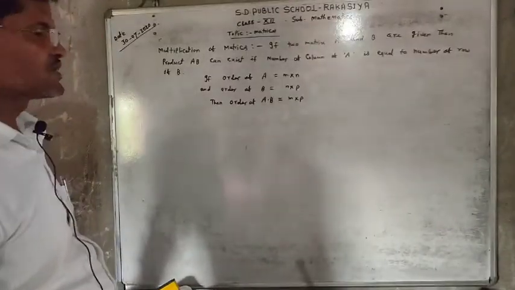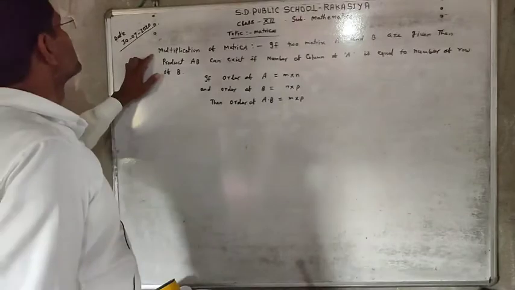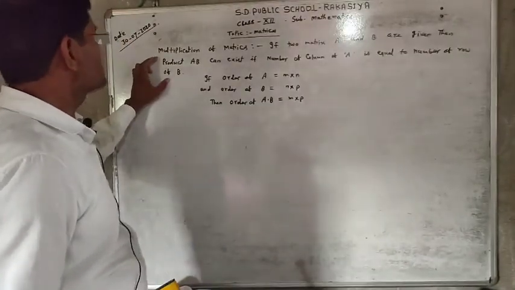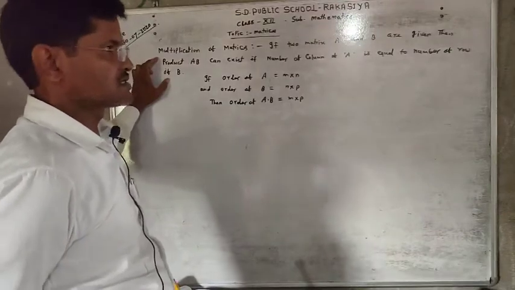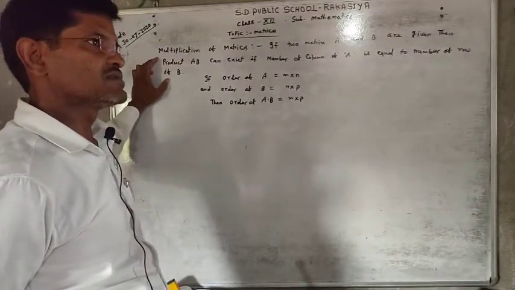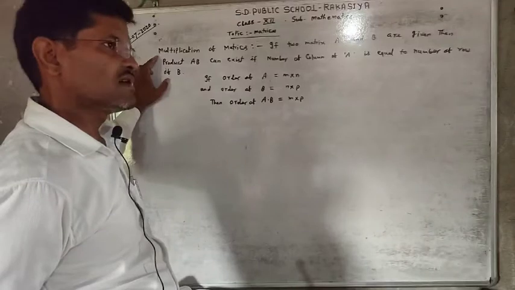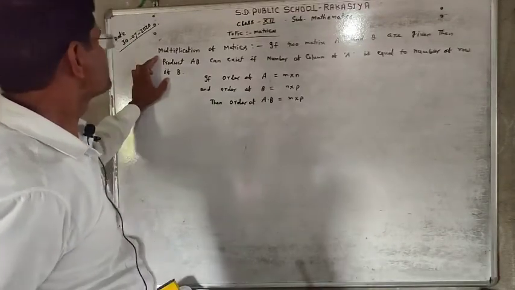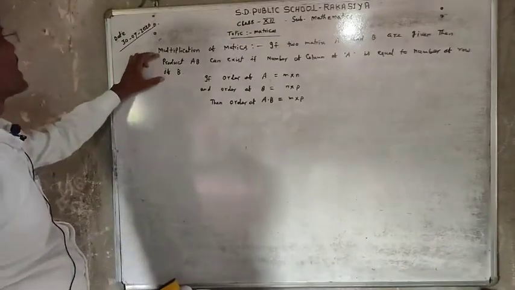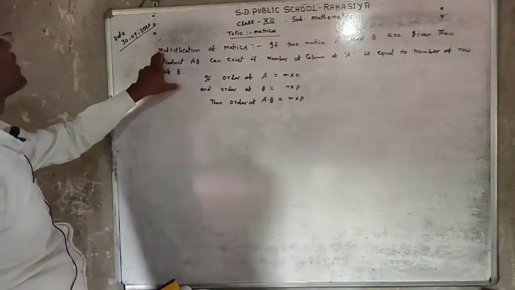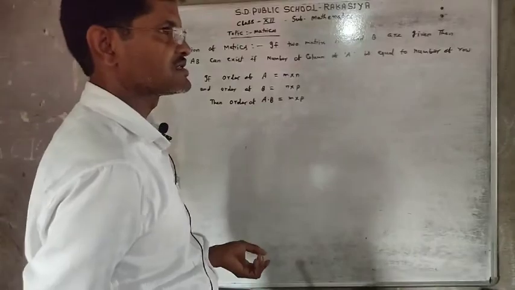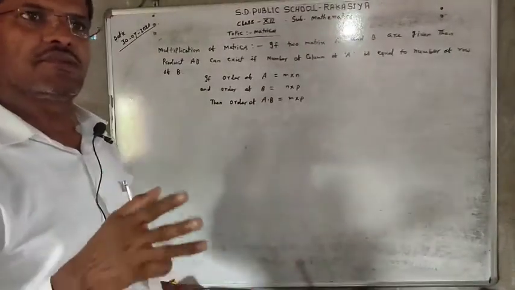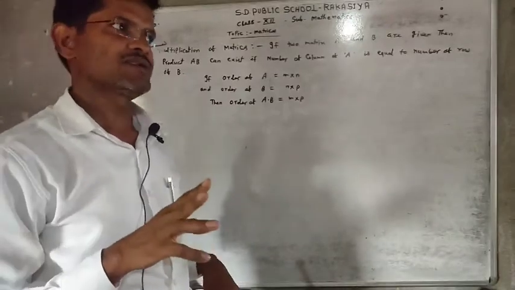Now I am going to teach you multiplication of matrices. We have read about the summation, meaning addition and subtraction of matrices, in the previous classes. Now I am going to discuss multiplication of matrices. The multiplication of matrices is a binary operation on two matrices.